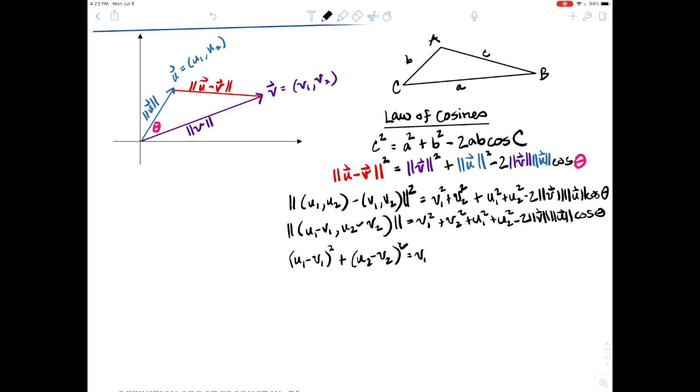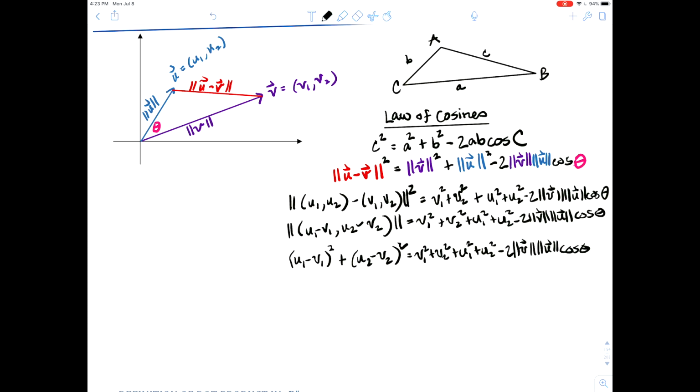So V1 squared plus V2 squared plus U1 squared plus U2 squared minus 2 magnitude V, magnitude U, cosine theta. Cool, cool? Okay.